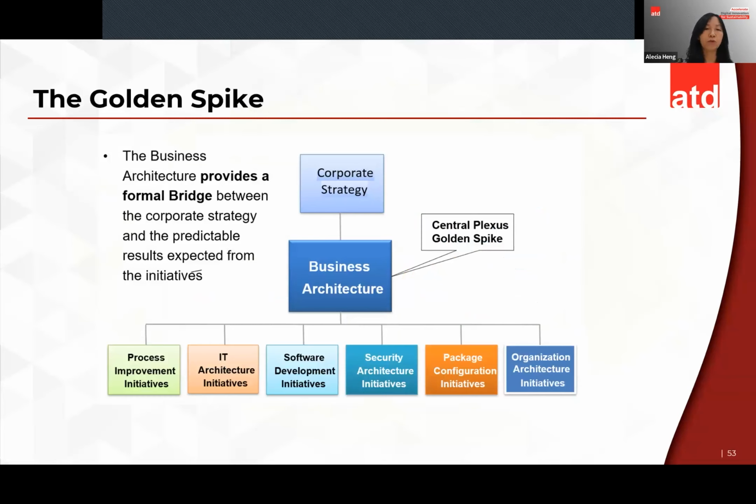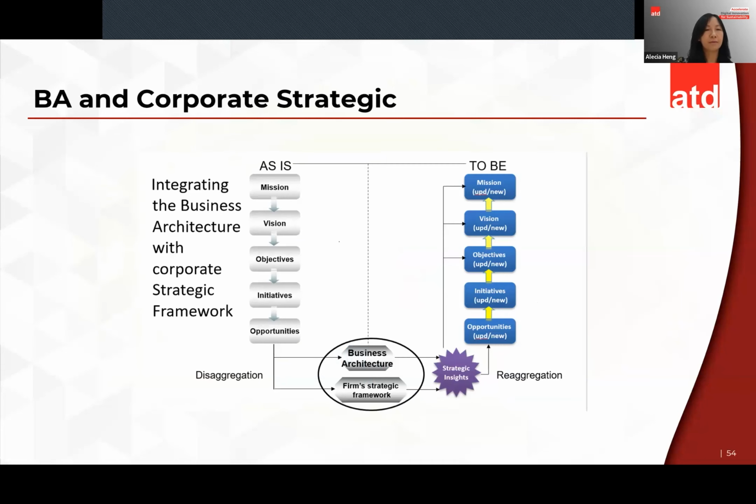Here, we also look at business architecture as a link between the corporate and also the initiative. In every initiative that we look at, or any solution we look at, we will identify what is the current state and what is the future state. And we will look into all areas of the IT architecture domain, as we saw earlier on.